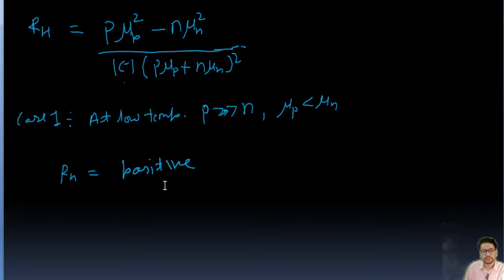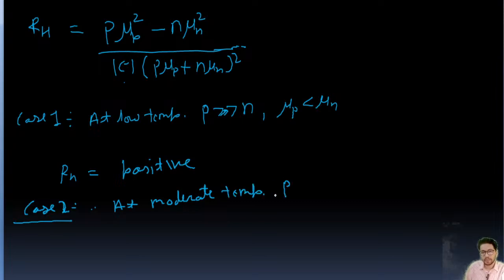Okay, next, case 2. The second case is at moderate temperature, that is, not very low or very high. At moderate temperature, P upon N is greater than 1.